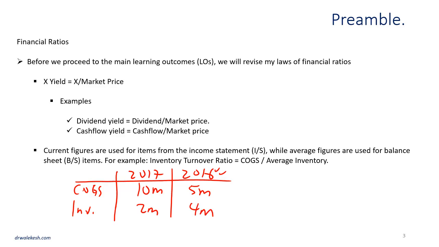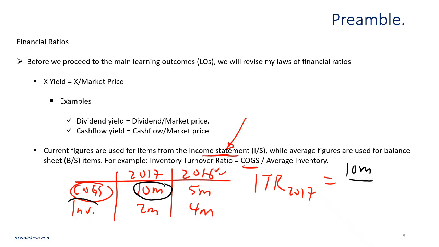If you are asked to compute the inventory turnover ratio for 2017, the formula is cost of sales over inventory, but the cost of sales, since it is an item on the income statement, then you would make use of the figure directly, which is 10 million.